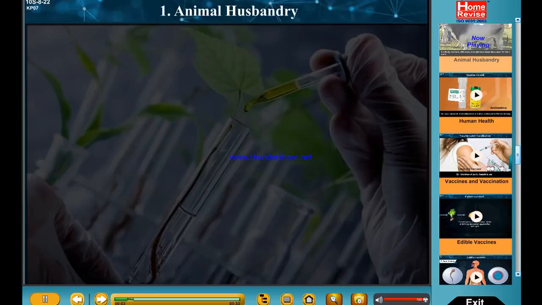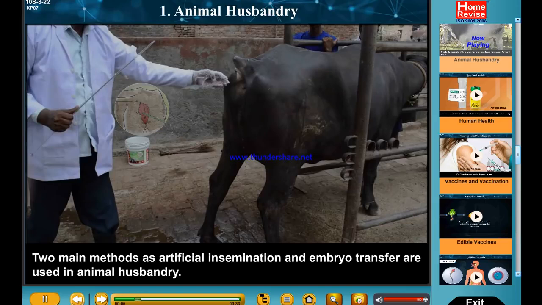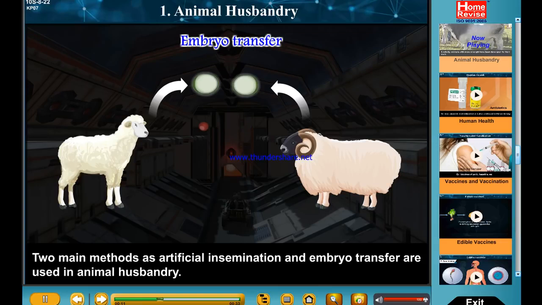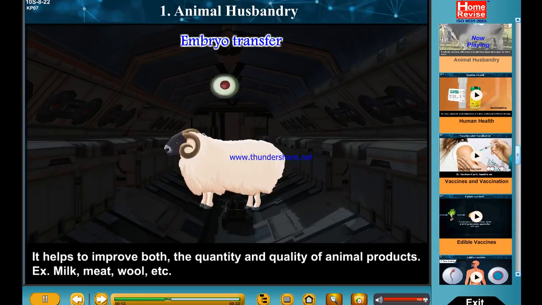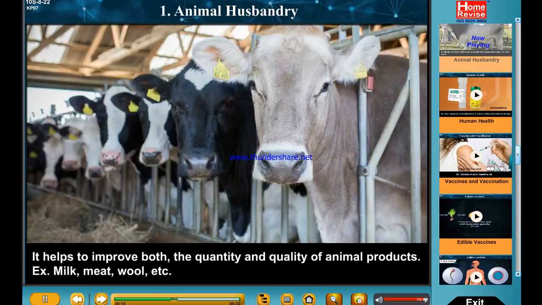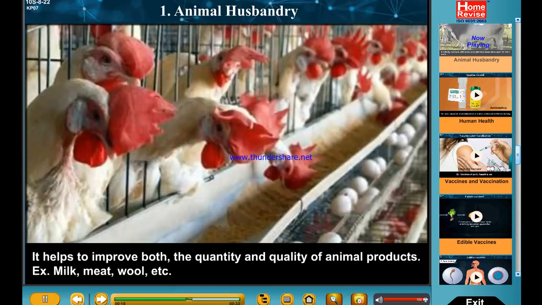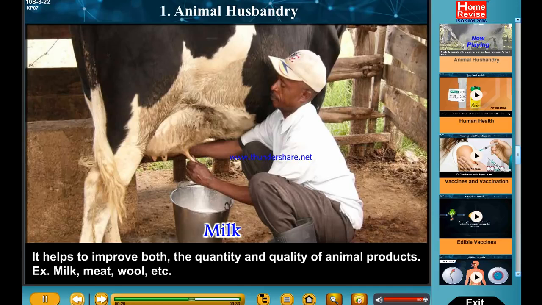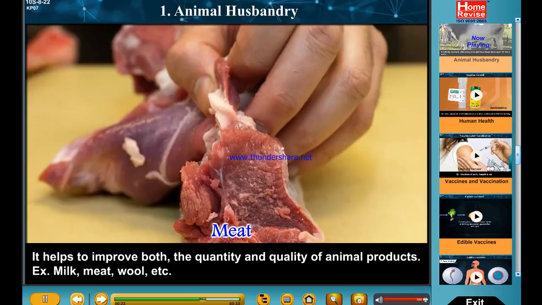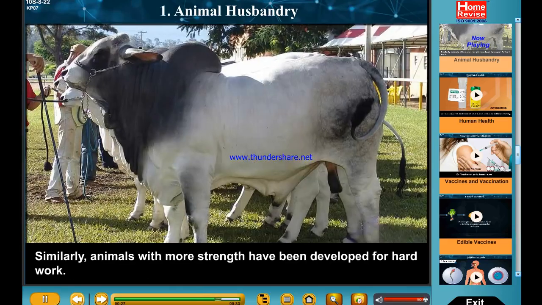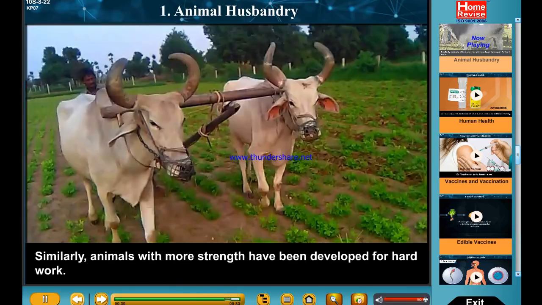Animal husbandry. 2 main methods as artificial insemination and embryo transfer are used in animal husbandry. It helps to improve both the quantity and quality of animal products. Example, milk, meat, wool, etc. Similarly, animals with more strength have been developed for hard work.